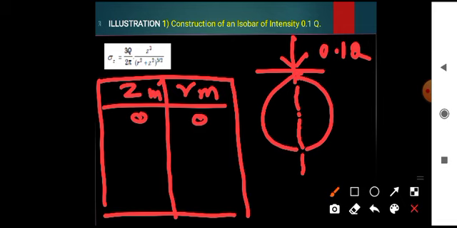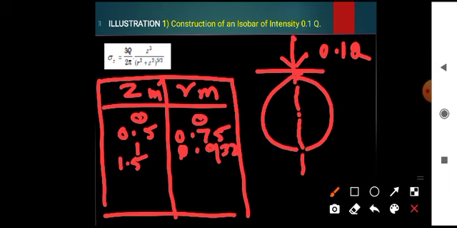Now we will calculate the different values of r using the different values of z. For z equal to 0.5, you can calculate and check that the value of r is 0.75 meter. Similarly for 1 meter it comes around 0.932, for 1.5 it is 0.89, and for 2 meter it is 0.54.